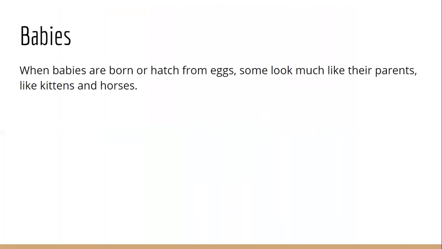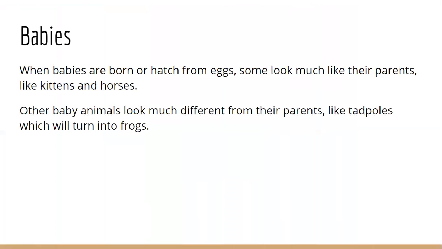So babies. When babies are born or hatch from eggs, some look much like their parents, like kittens and horses. Other baby animals look much different from their parents, like tadpoles, which will turn into frogs. So a tadpole baby does not look anything like their parents, a frog.